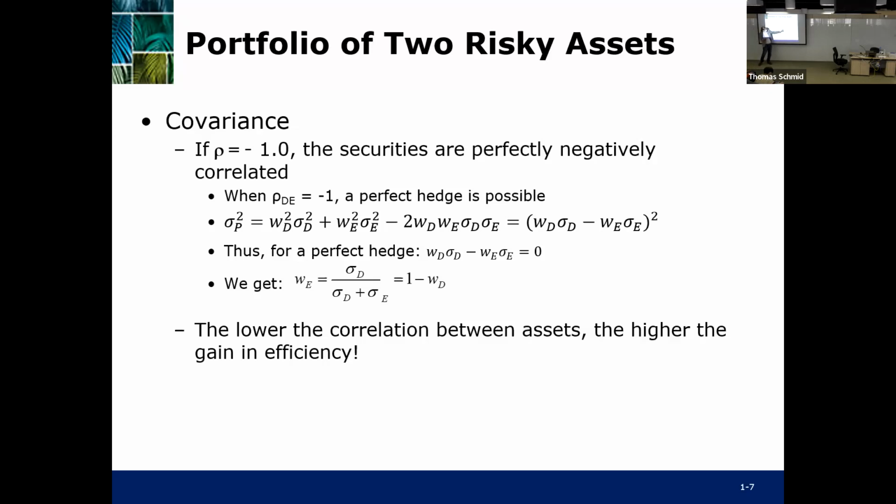If you solve that for WE, the weight that you have to invest in the equity fund, you find that WE is sigma D divided by sigma D plus sigma E. Okay? So if you invest in the equity fund according to that expression, for the case of a perfect negative correlation, the resulting portfolio will have a variance, a standard deviation, a risk of 0. Okay?